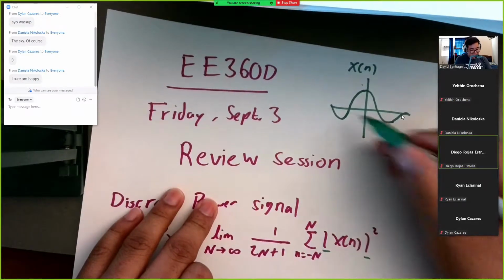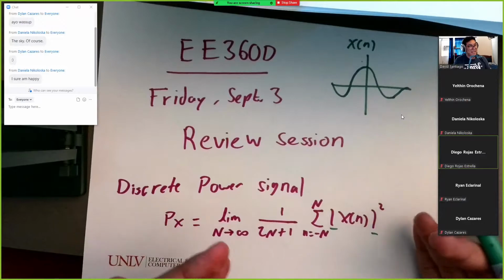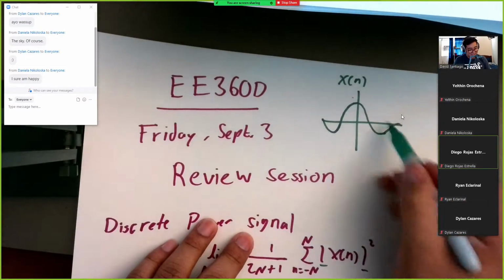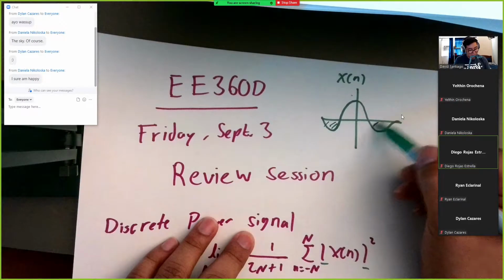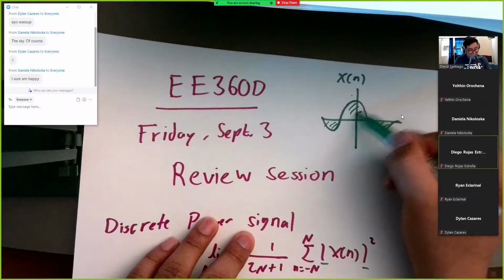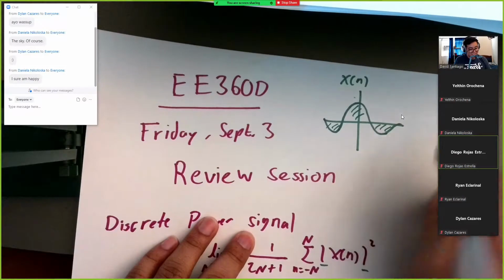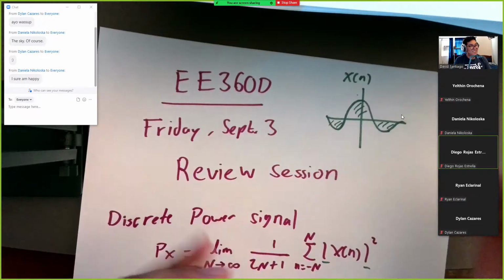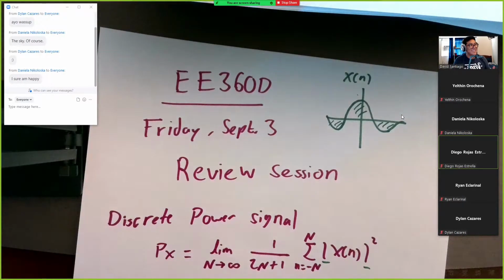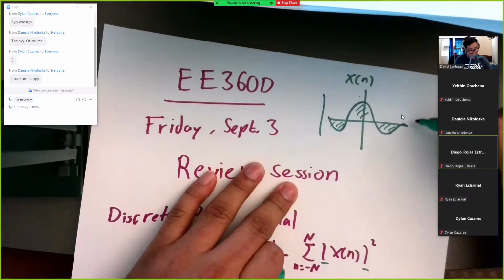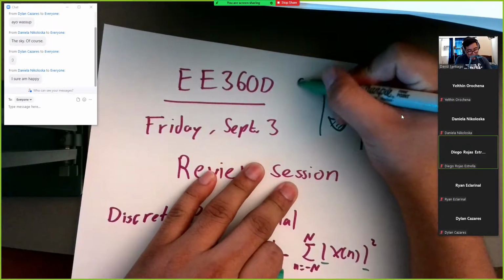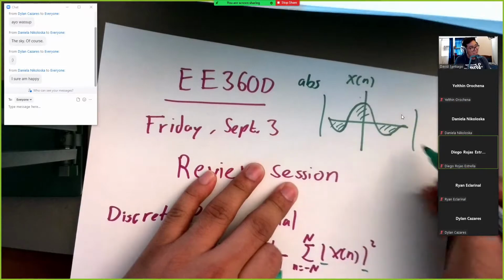Well, you know that if you were to look at the entire power, if you were to add all this right here plus this, if you don't take the absolute value, it's actually all going to cancel out, which means you have no power, which is not a good thing. So as engineers, to overcome that, we just take an absolute value, abs, so that we can get all this power.